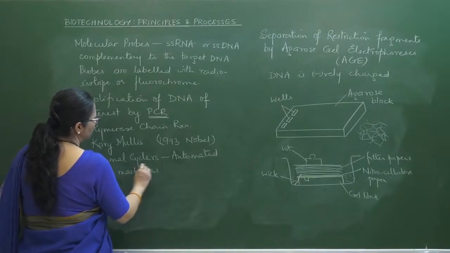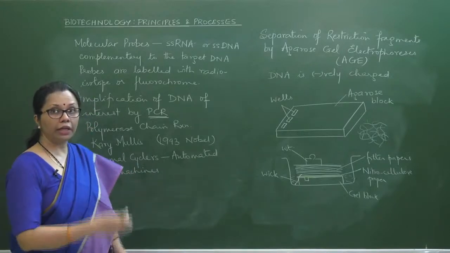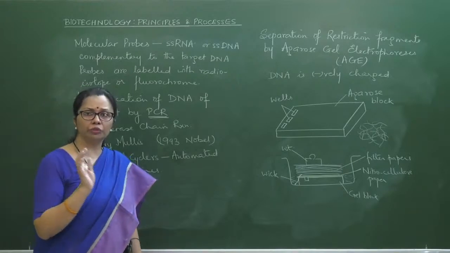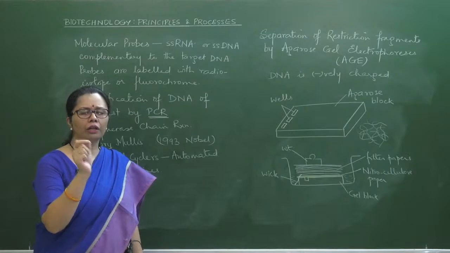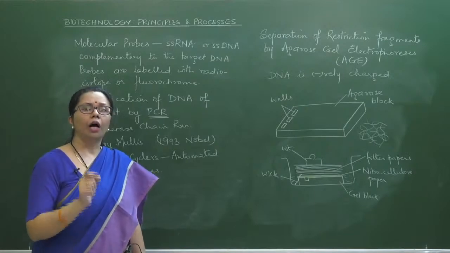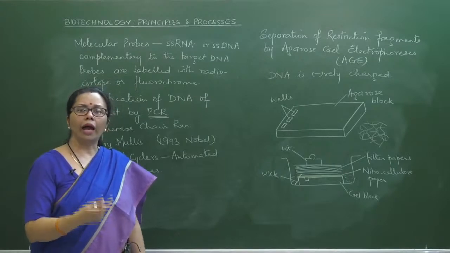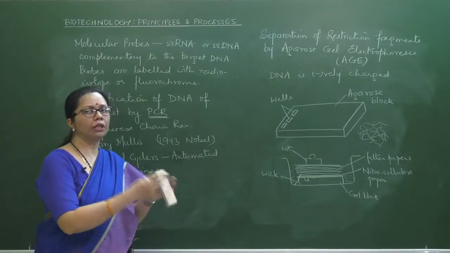That's why it has revolutionized. Now even for crime and forensics it is used. Even if a very little amount of DNA is available, we can make several copies of it in less time, and then it can be matched with the suspects.